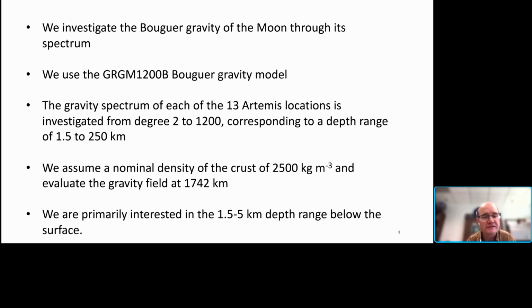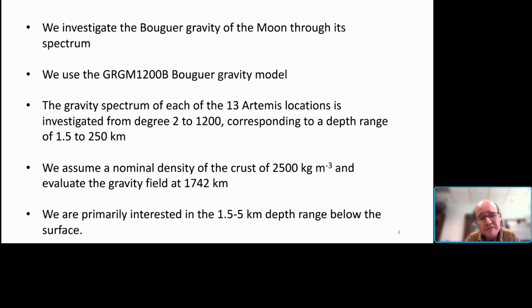That's roughly the average density of the lunar crust. We're going to look at the gravity spectrum of each of those 13 locations. We investigate them from degree 2 to 1200, and that corresponds to a depth range of 1.5 to about 250 kilometers, but we're mostly interested in the upper parts of the crust.